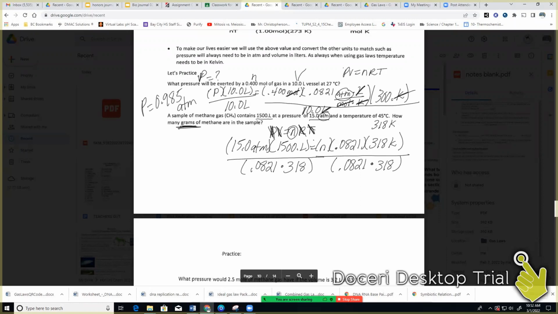So how many sig figs are we going to have? 3, exactly. Remember, R is a constant. It wouldn't affect your sig figs.